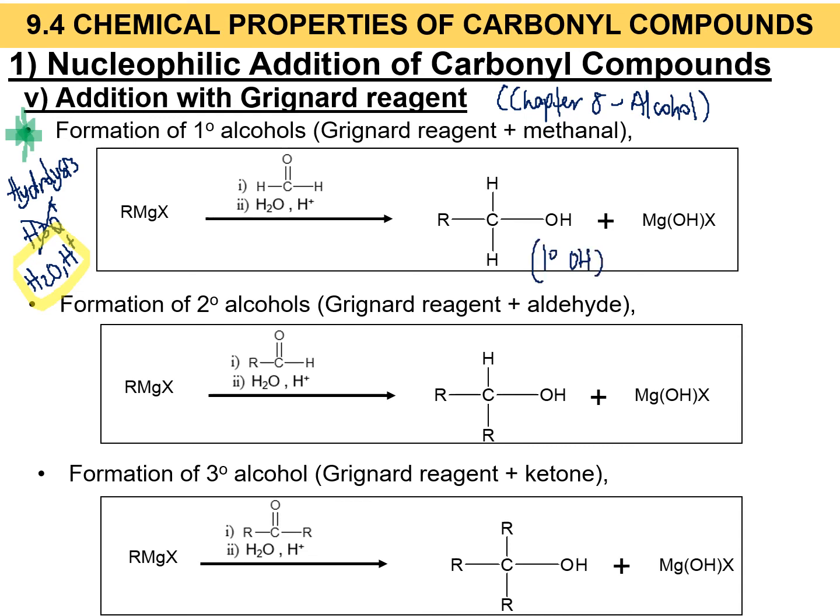If we use any aldehyde other than methanal, the product is a secondary alcohol. And lastly, if we use a ketone that reacts with Grignard reagent followed by hydrolysis, we will get a tertiary alcohol.